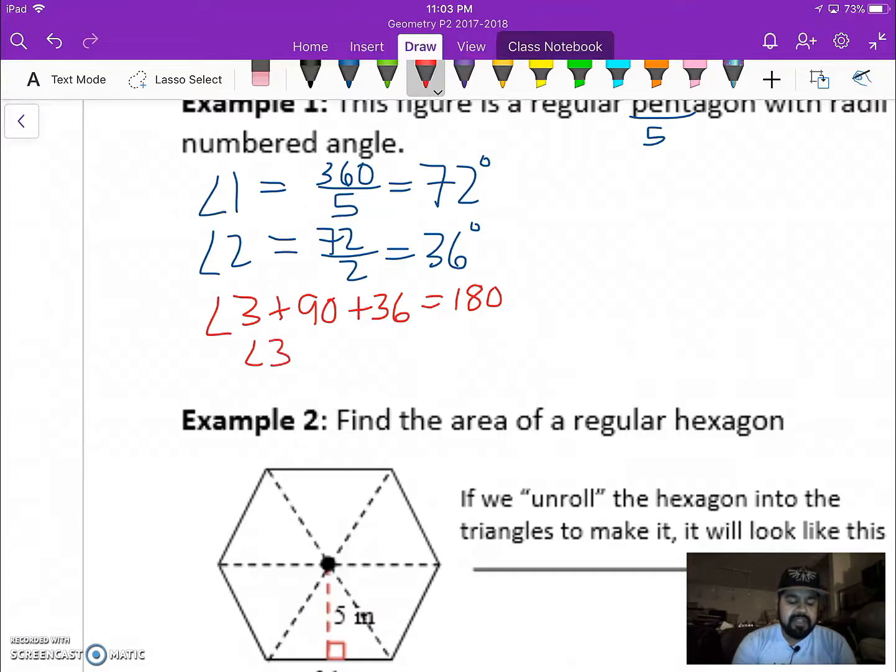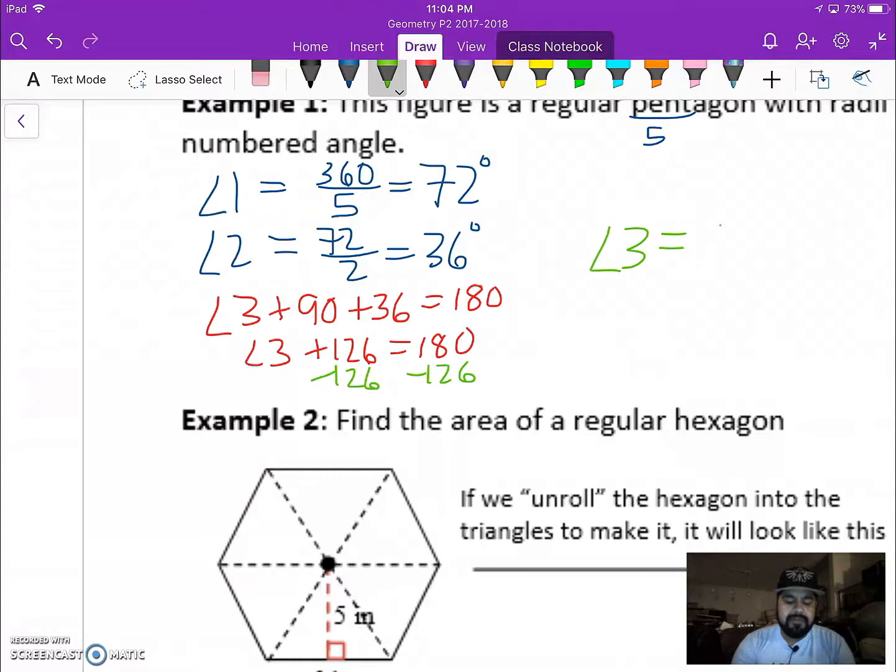So angle 3 plus 126 equals 180. I'm going to take away 126 from both sides. Therefore, angle 3 will equal 54 degrees.